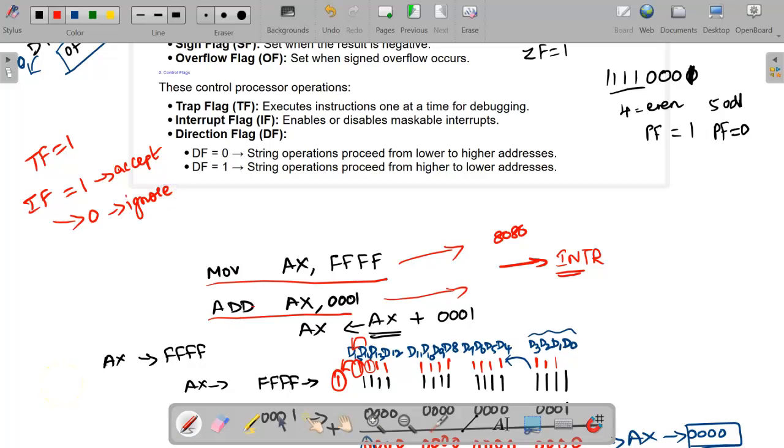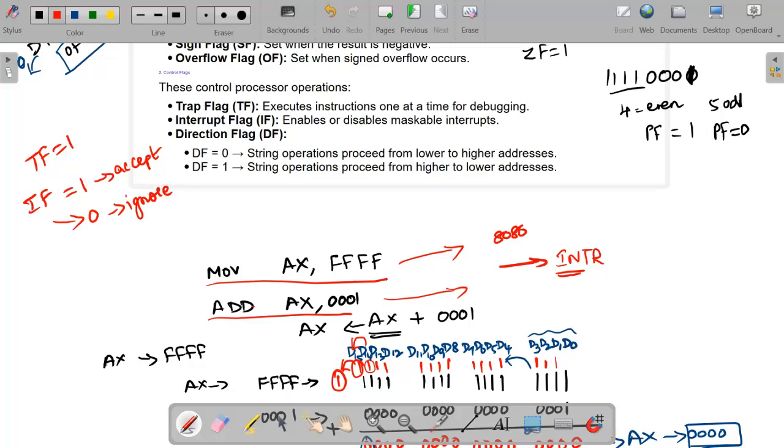For example, whenever you are doing some work on the laptop and you get a message on WhatsApp, that is nothing but your interrupt. So what will you do? Either you will check that WhatsApp or you will ignore it. If you are ready to accept the interrupt, you will read that message.